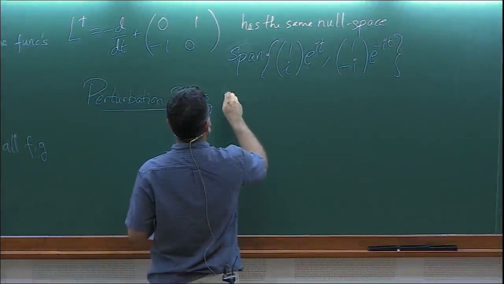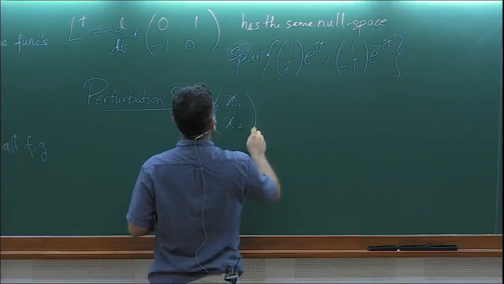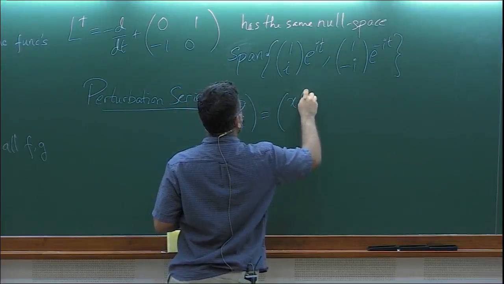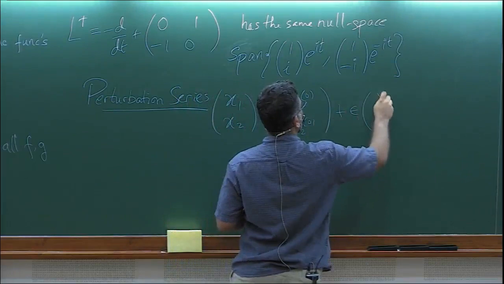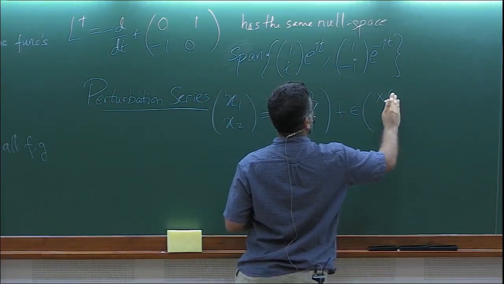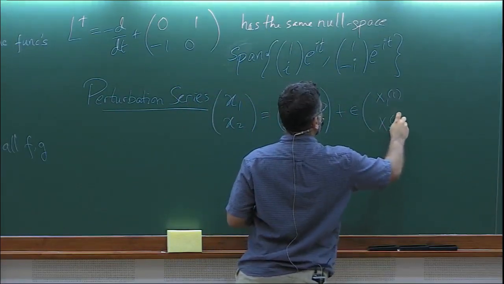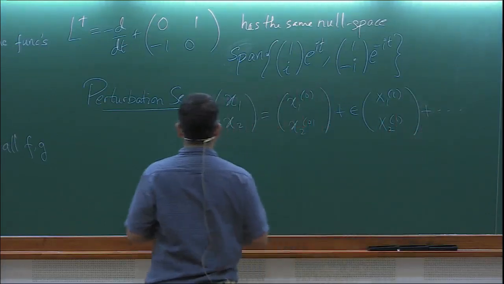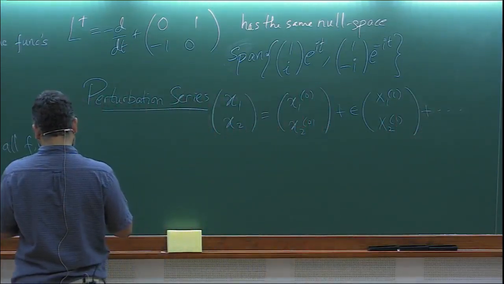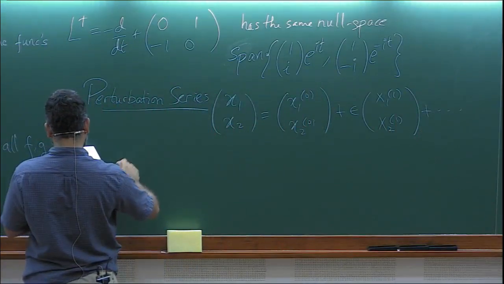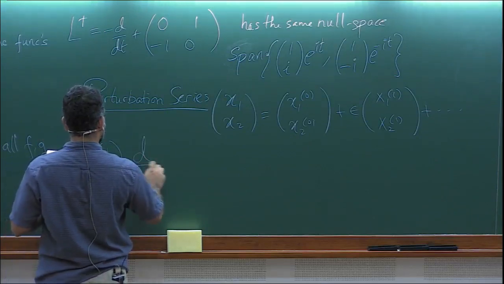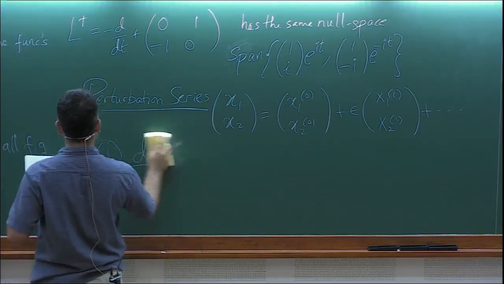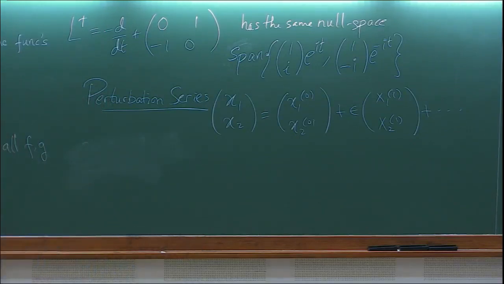I take x1, x2 to be (x1,0, x2,0) plus epsilon (x1,1, x2,1), and so on. And then this gives me the order 1 equation.